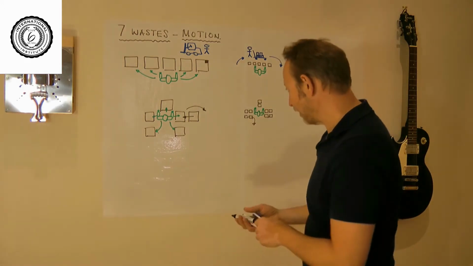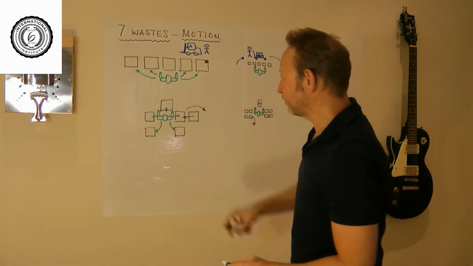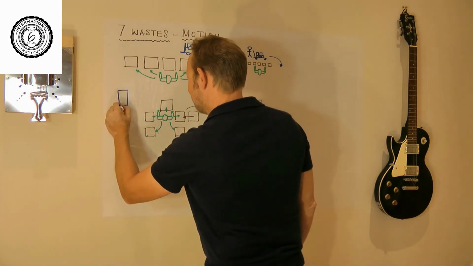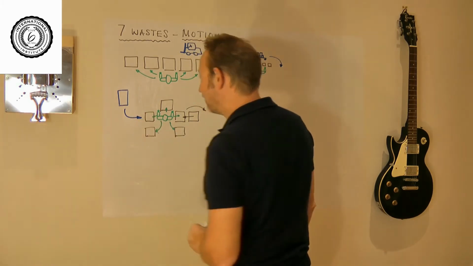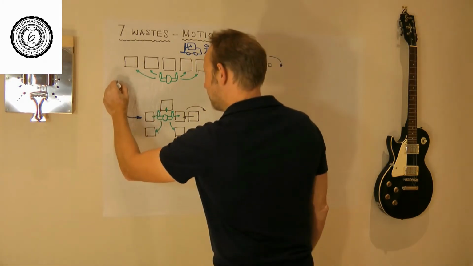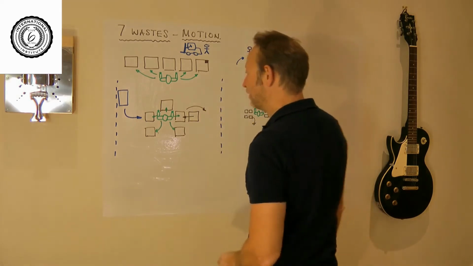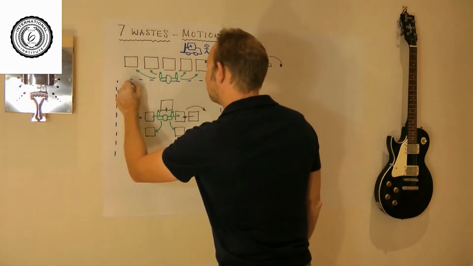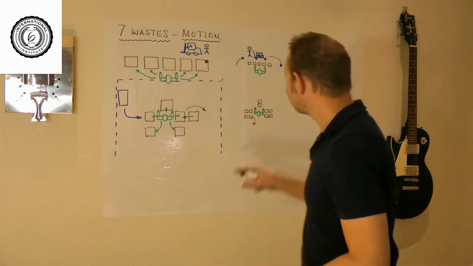Well, I'm still going to save because this forklift truck, if you try and get a forklift truck in here, you need a fairly decent turning circle for him to get in and out here. So we have this huge gangway in order for the forklift truck to get around this U-shaped cell.